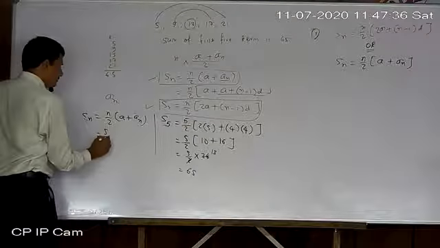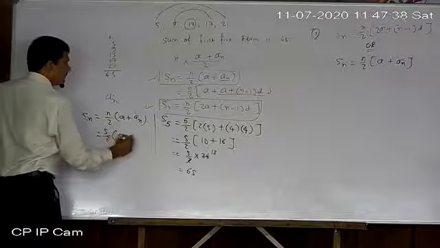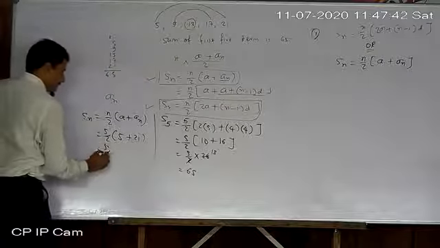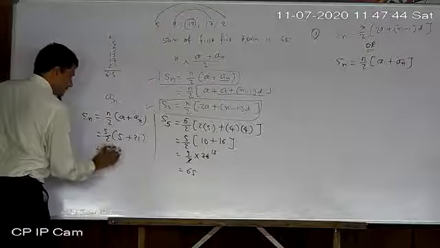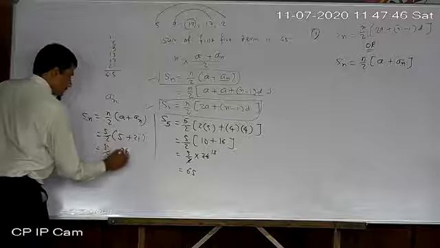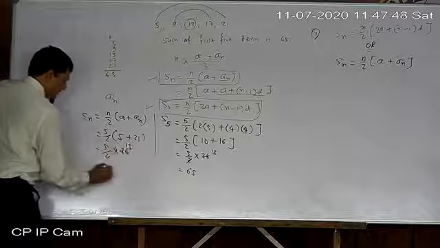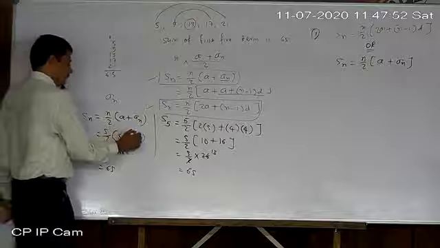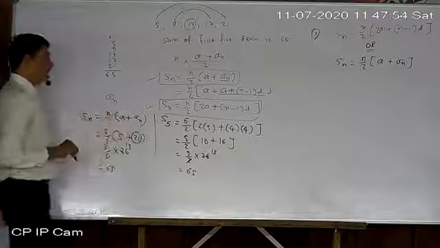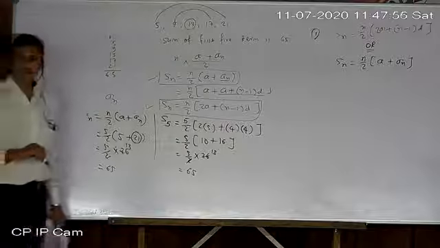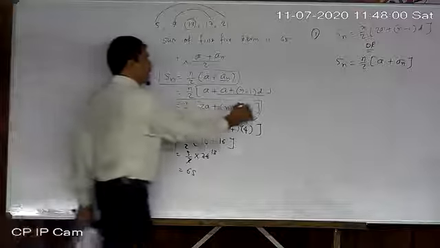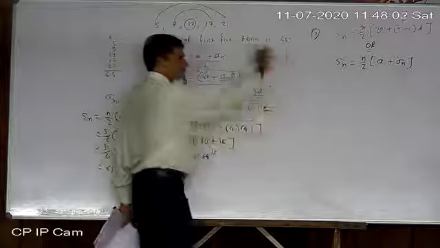So 5 by 2, 5 plus 21, so 5 by 2, 26. Again 13, 13 fives are 65. But I know that the last term is 21, that's why I use this one. Otherwise, every time I can use the first one.